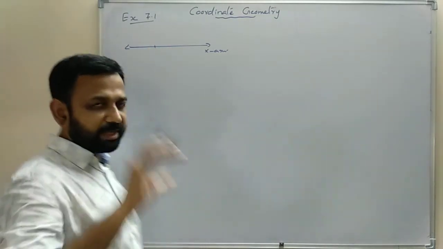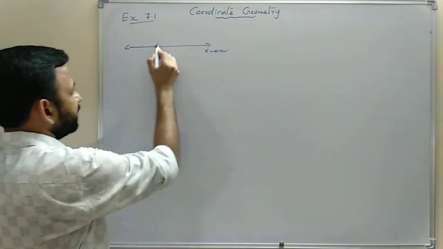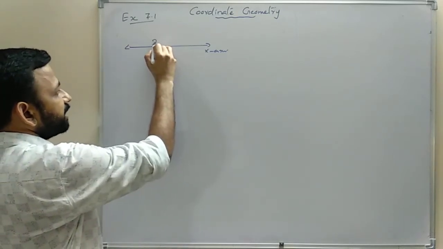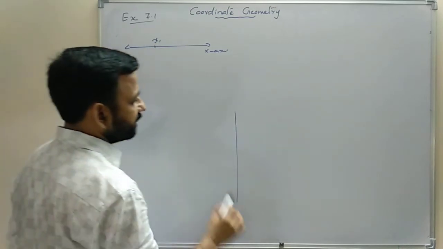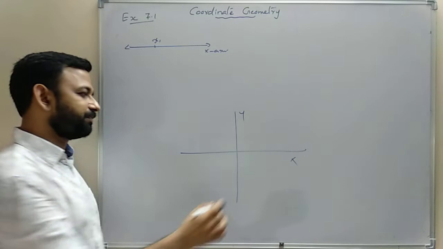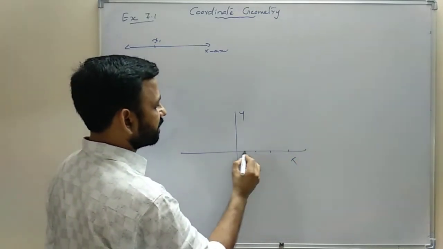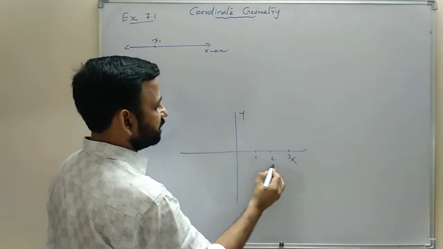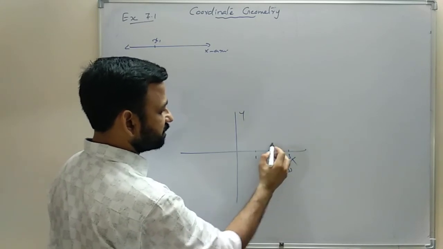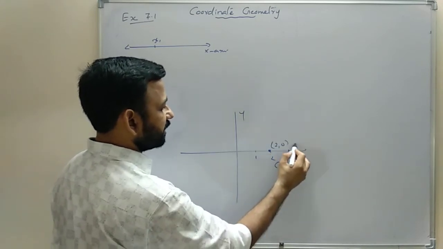When we take any point on the x-axis, its y-coordinate will be 0. So here, this is the x-axis and y-axis. When we take any point from the x-axis, so here 1, 2, 3. This point is (2, 0). This is (3, 0).